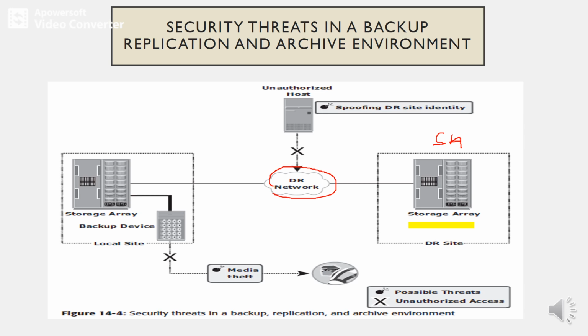So in the diagram we can observe that we are having the storage array, which consists of the backup device, and the data can be backed up here. So this is the local site. One more site we are having is the DR site, that is disaster recovery site.